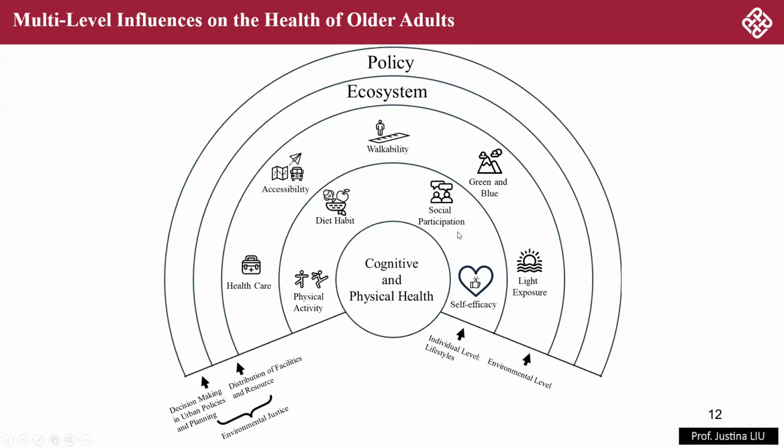And social participation has multiple benefits, from providing adequate cognitive stimulation through interaction with other people, to preventing isolation-related depression, and it can also help older people stay socially and physically active.